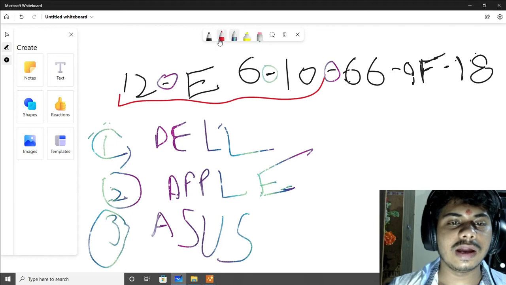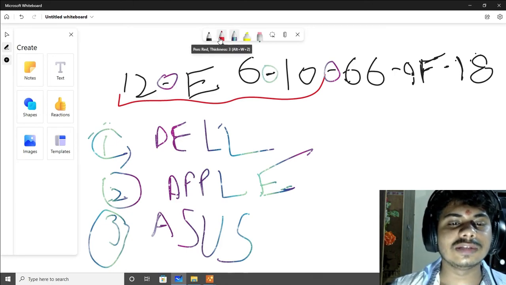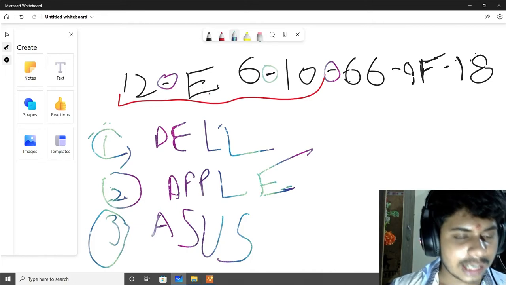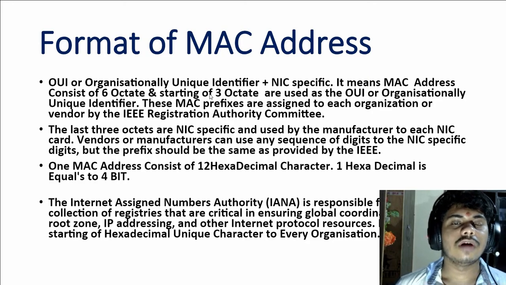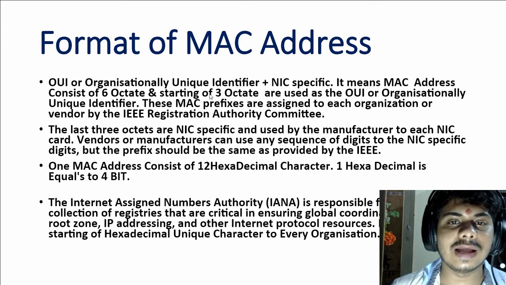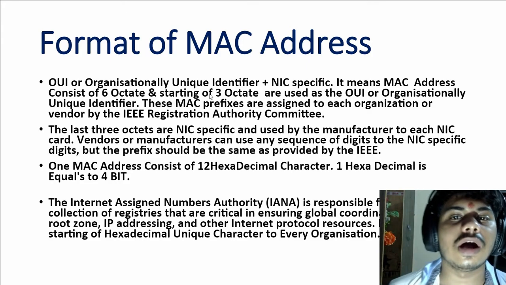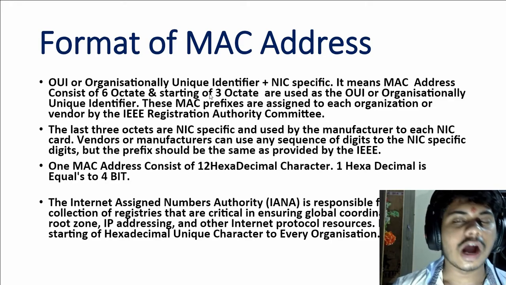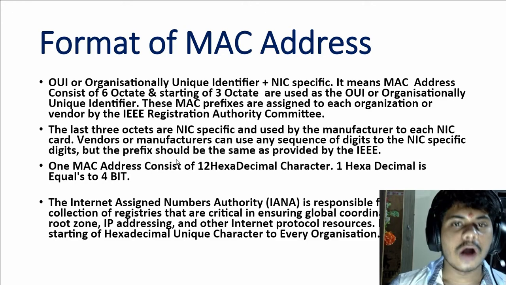How can they know that these 6 digits are not used by any other company? That is what I was talking about. How can Apple identify that? Now let's talk about how Apple knows that the 6-digit number is not used by any other company.